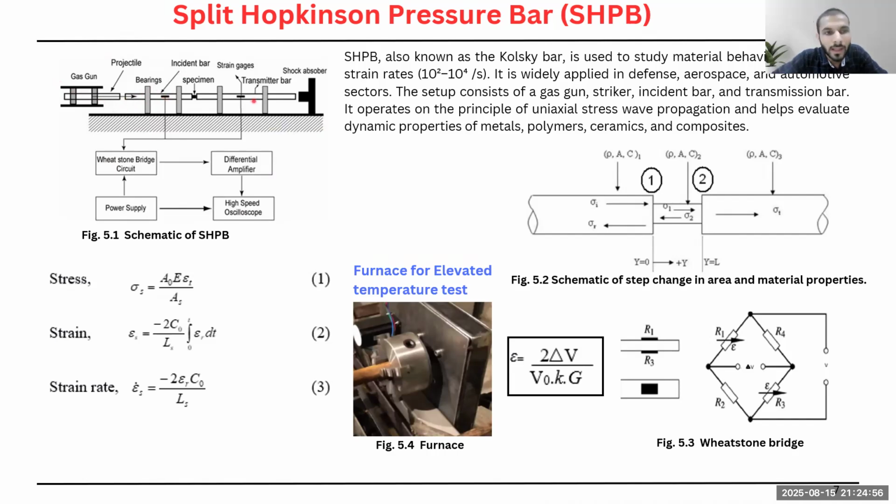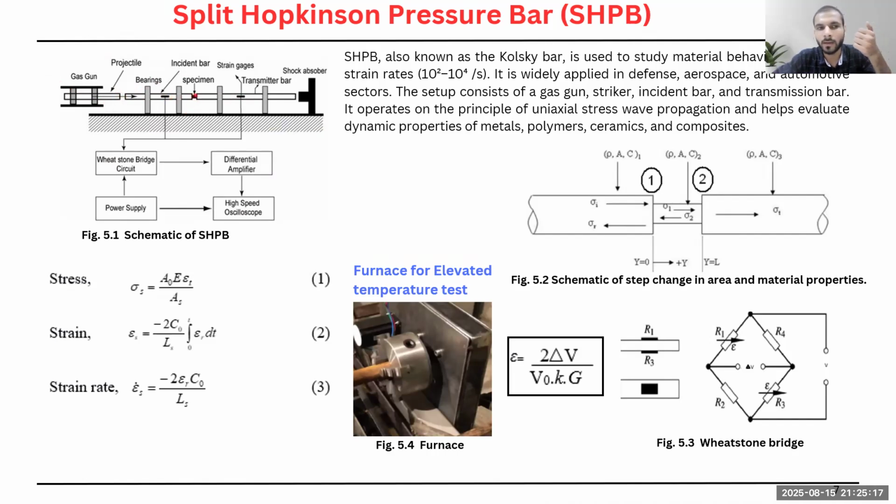Our sample is held in between the incident bar and the transmitted bar, so when the striker bar hits the incident bar, the sample gets compressed, and the uniaxial stress wave phenomenon takes place.